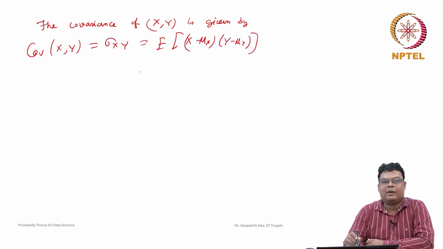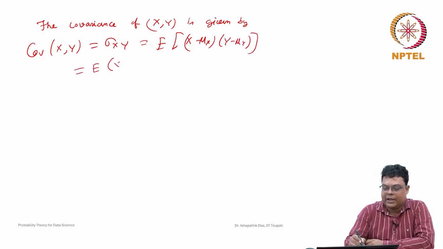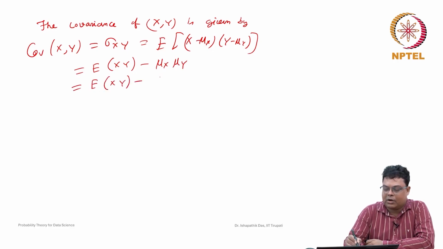We have a simplified formula. We have already shown that it can be represented as the expected value of xy minus mu x into mu y. What is mu x mu y? They are first order raw moments. This is mu1 dash x into mu1 dash y, that we have already computed. Mu1 dash x is 0.5 and mu1 dash y is 0.45. Now we want to find the expected value of xy.